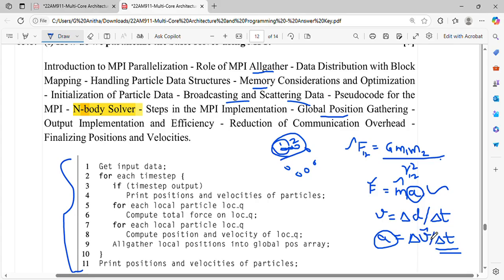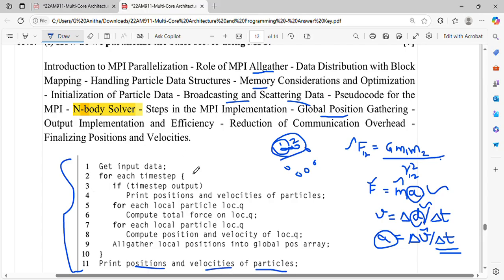After knowing the velocity, we can calculate the distance. Distance will give you the position. Hence, we are able to calculate the position and velocities of the particles.